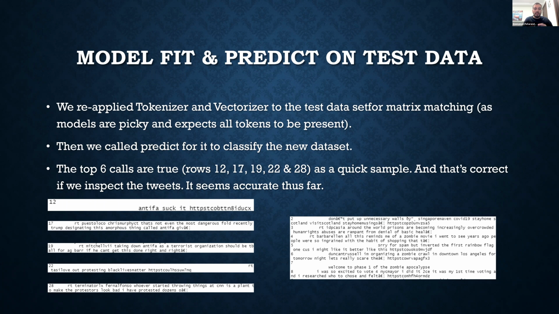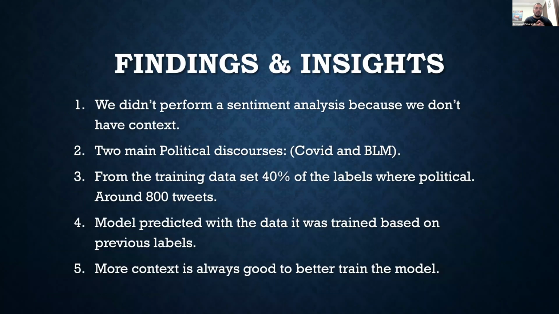So some of these tweets referring to a zombie apocalypse and all these other things are also related to political discourse. However, they were not picked up as that because they were pre-labeled as zeros, and so that's what the model understood: that they were not political. So yeah, those are some of our findings.